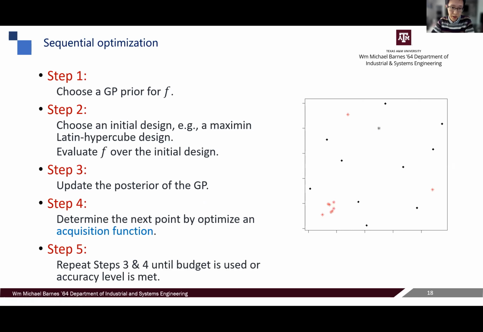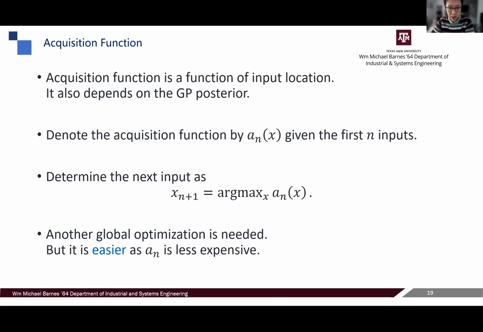There are a bunch of methods, but most of them are based on the posterior of the GP. So here you have to optimize another function called the acquisition function, which means we have to do another global optimization. But this global optimization is easier compared to your original one, if your original F function is really complex to access.